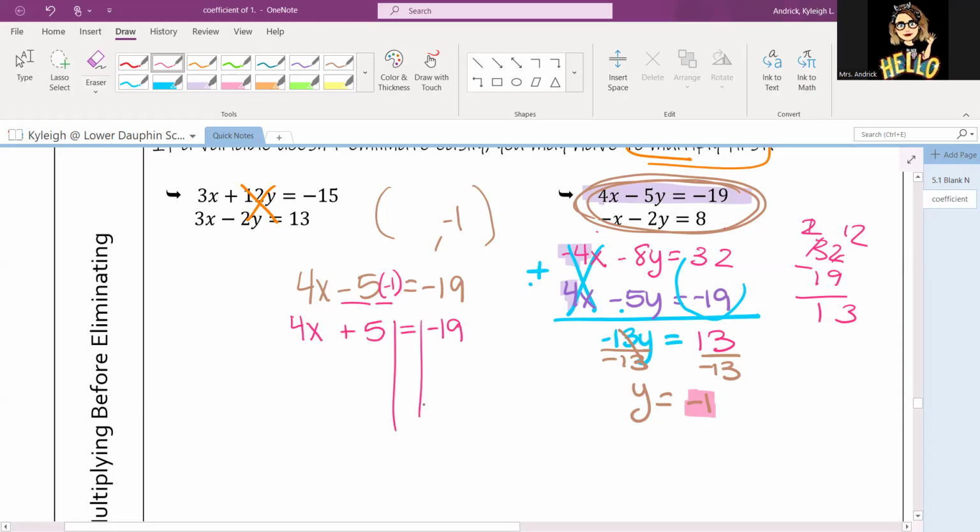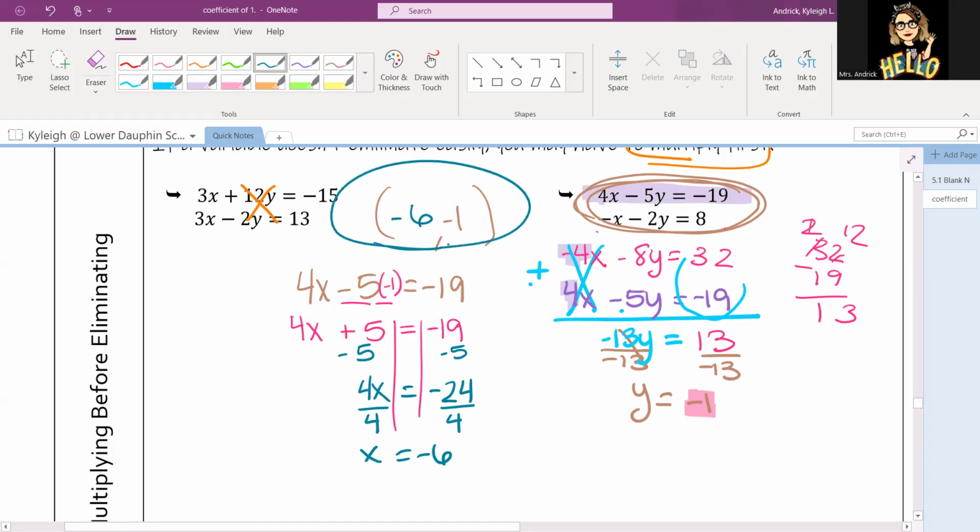Then I just solve that two-step equation. I subtract 5 on both sides. And then I divide by 4. So then there's my ordered pair.